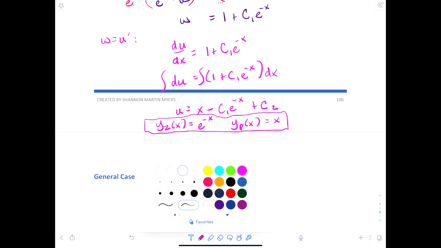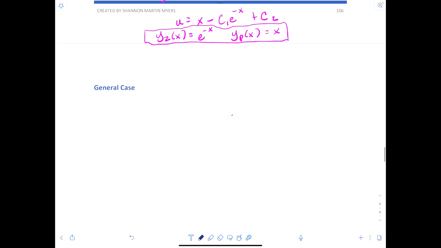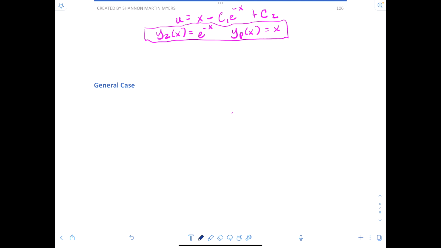Okay, so now the general case here. Remember how we started out with a2 at x times y double prime plus a1 at x times y prime plus a0 at x times y is equal to 0. Cool so far?